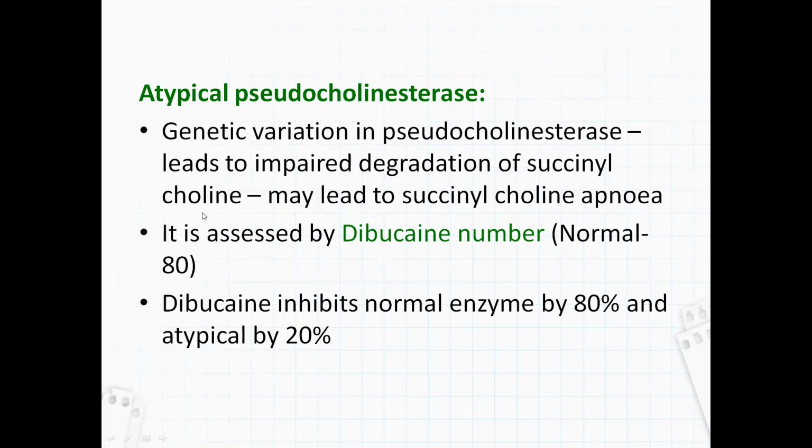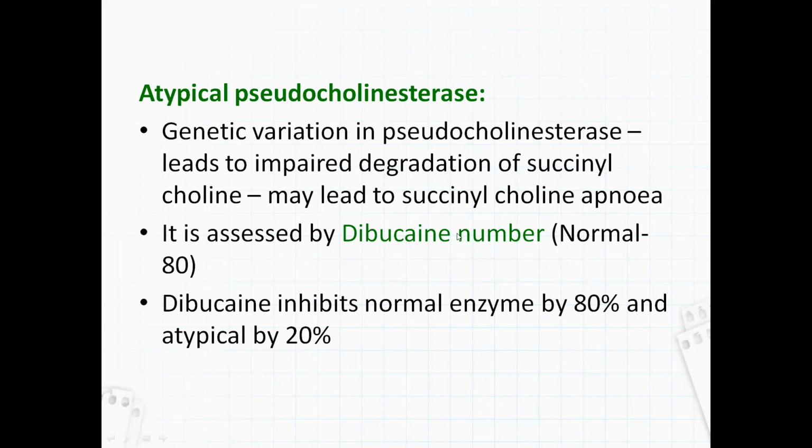So usually patients before going for anesthesia, in the pre-anesthetic checkup, are assessed by the Dibucaine number. This Dibucaine number is normally 80, but if it is decreased, they should be assessed.